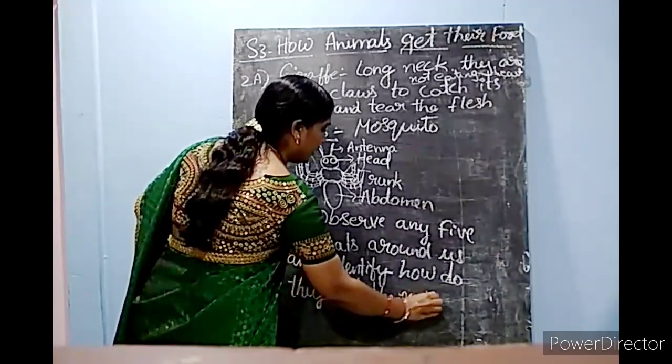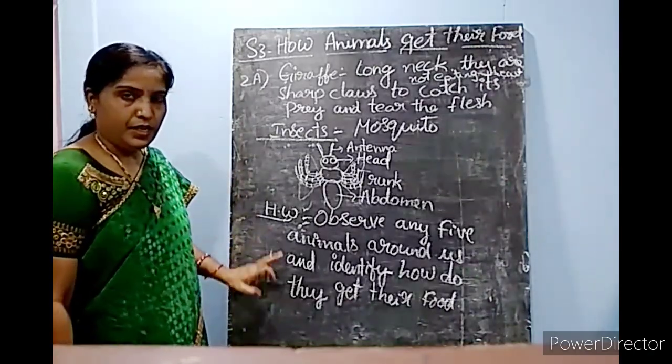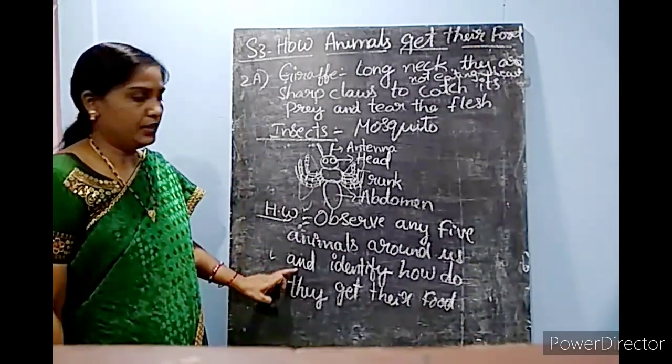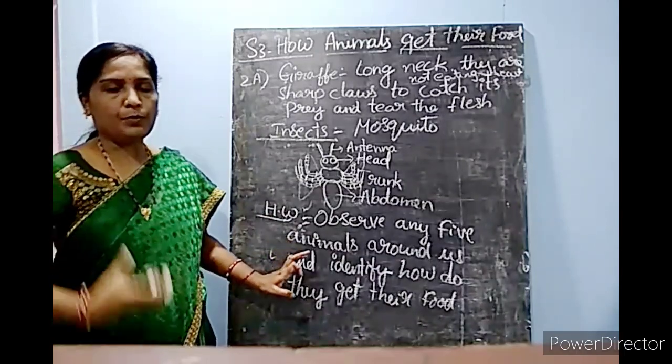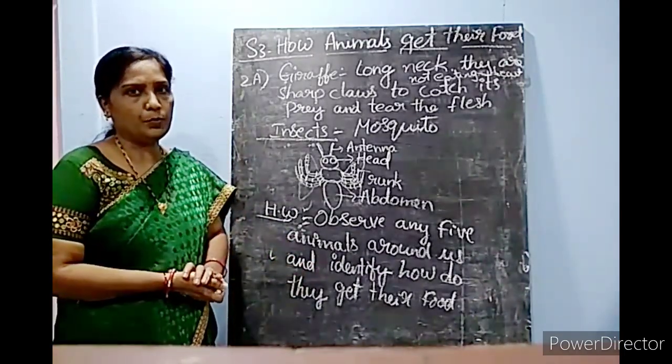How do they get their food? Identify any 5 different types of animals and which body parts they are using to get their food. You write in your notebook, children.